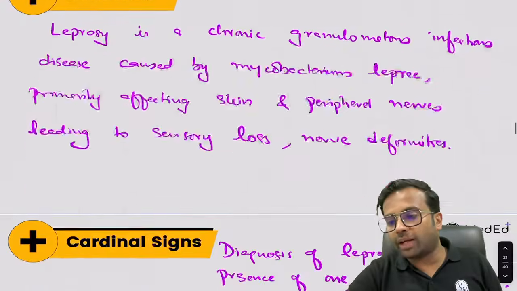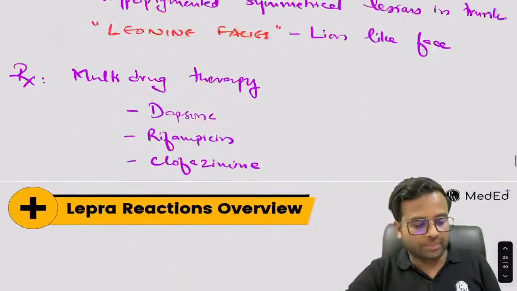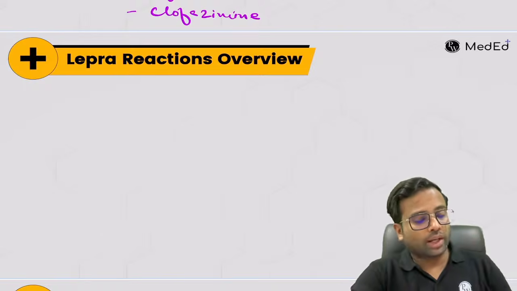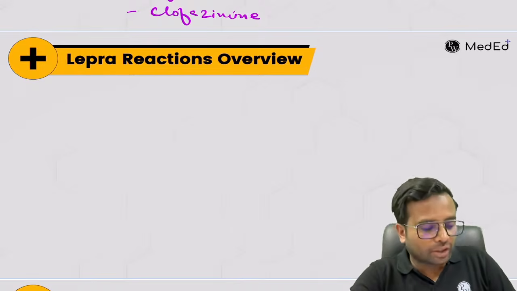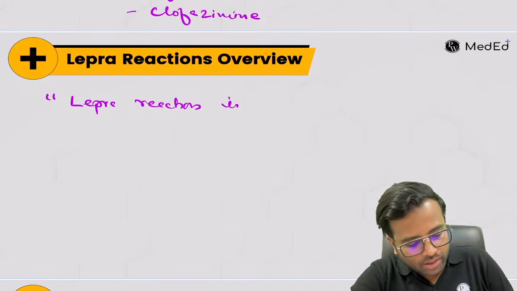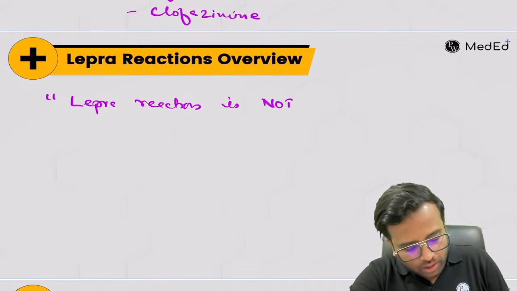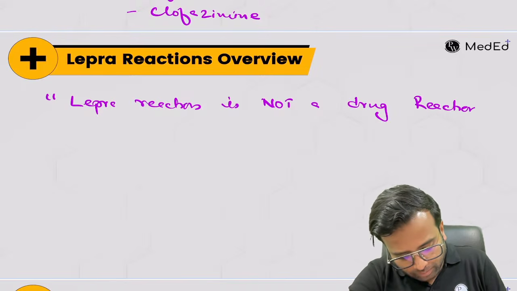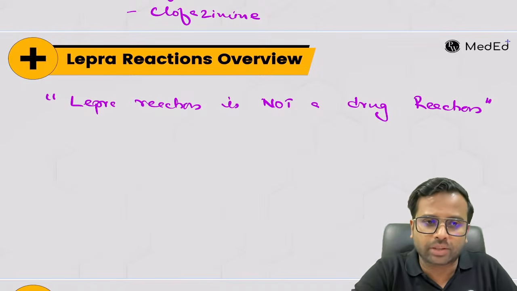So when we are going to write about lepra reaction, there are two types of lepra reaction. And the first point that you can mention is lepra reaction is not a drug reaction.